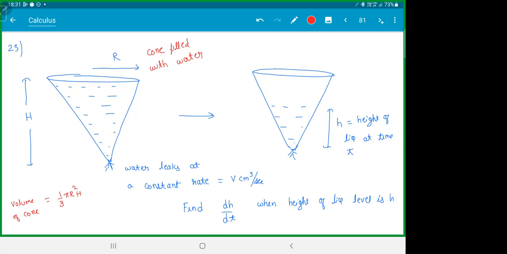But will the water remain the same? You're not asking about this R. This R will remain the same, this won't be R, this will be something else. As the height is changing, the radius of the water cone is also changing. Try, give it two minutes. Think about it.